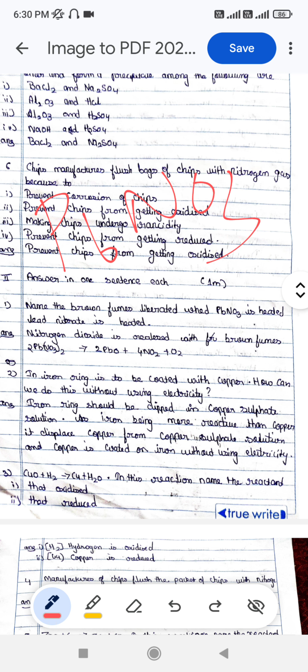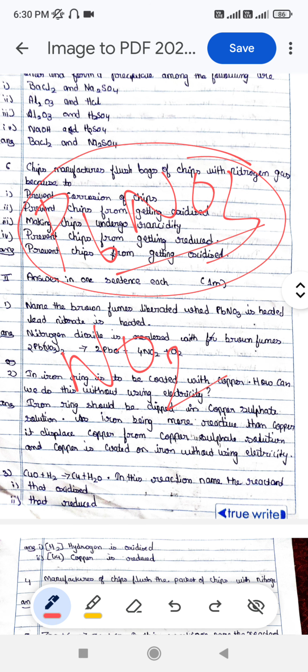The answer: the gas released with brown fumes when lead nitrate is heated is nitrogen dioxide. Remember that. Which gas will be released when lead nitrate is heated? Nitrogen dioxide, with brown fumes. This is the answer to the first question.